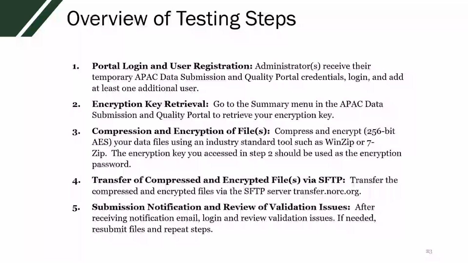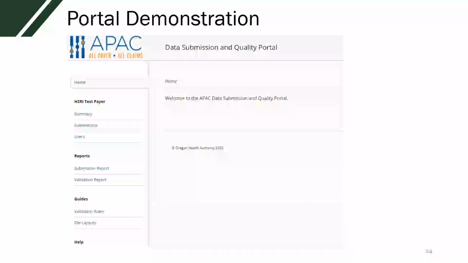If needed, you'll resubmit those files and repeat the steps. So now I'm going to switch over to actually giving you a preview of the portal and walk through some of those features and how you're going to perform those testing steps.